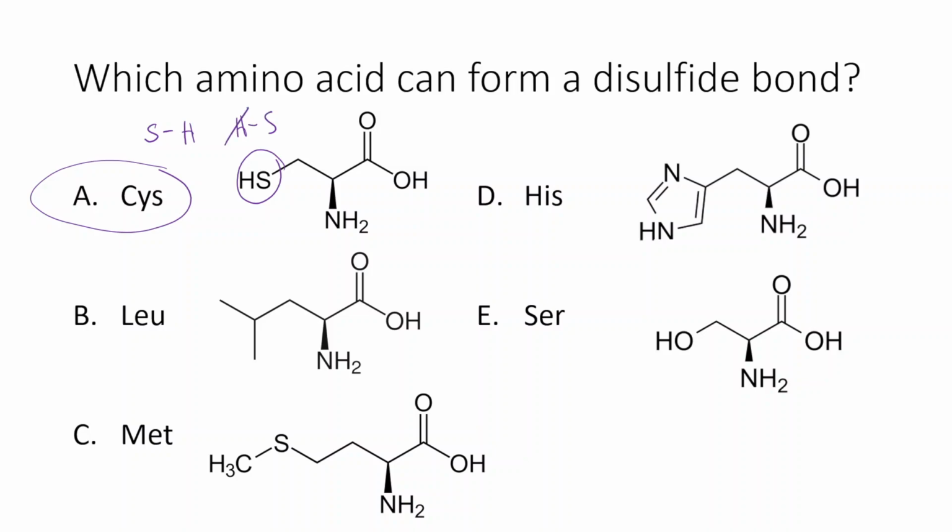So we can lose the protons, and then the sulfurs can come together and make a disulfide bond. And what kind of bonds are disulfide bonds? Yes, they are covalent. Excellent.